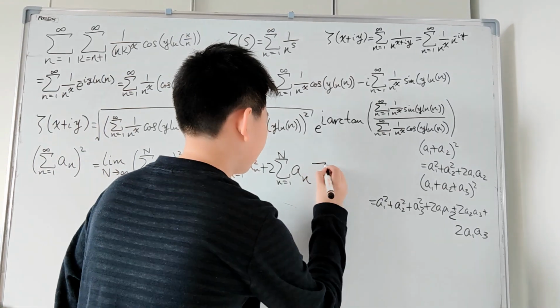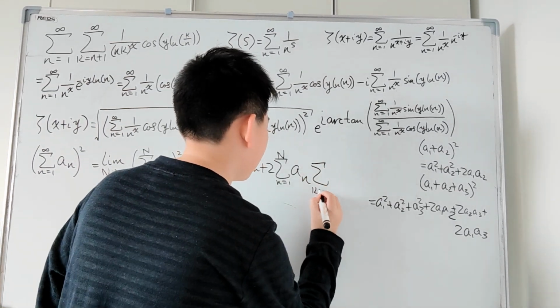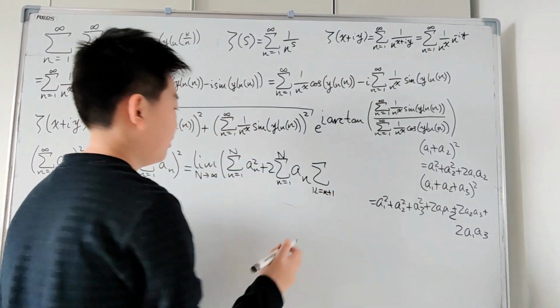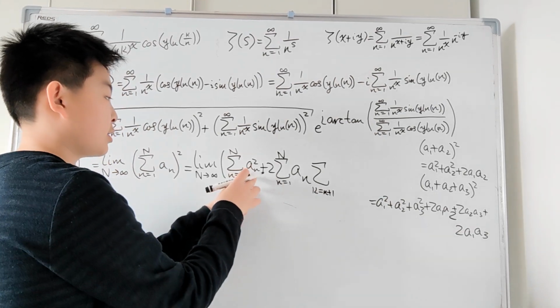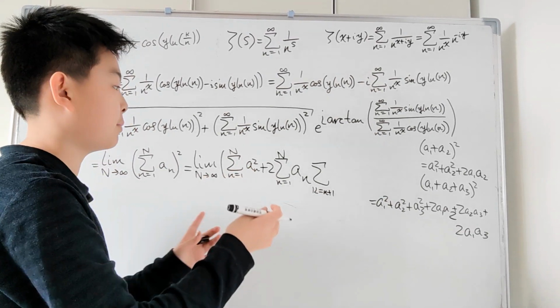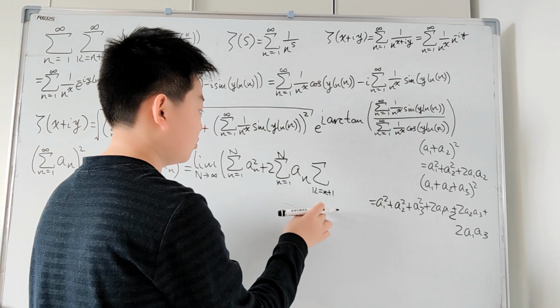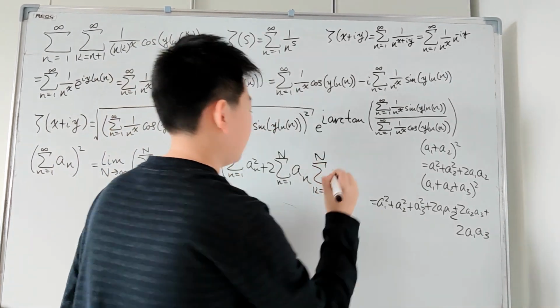That probably makes no sense at all. So we have the sum with k starting from n plus 1, because once again the square terms are all here, so there should not be any repeats. All the way up to, I'm guessing it's going to be n, right?